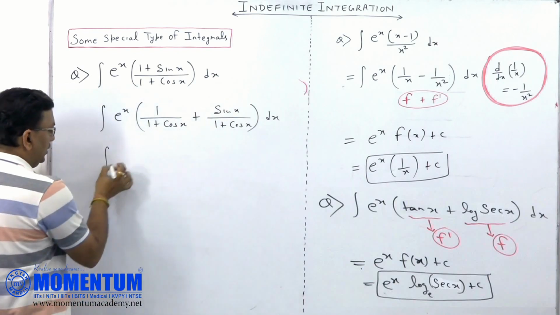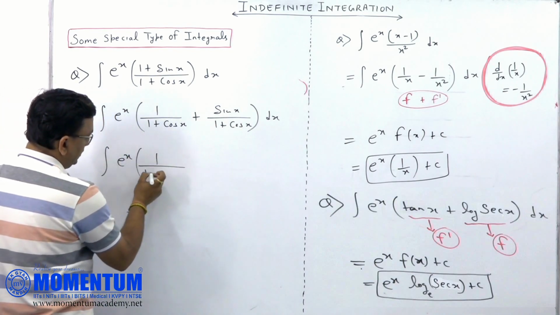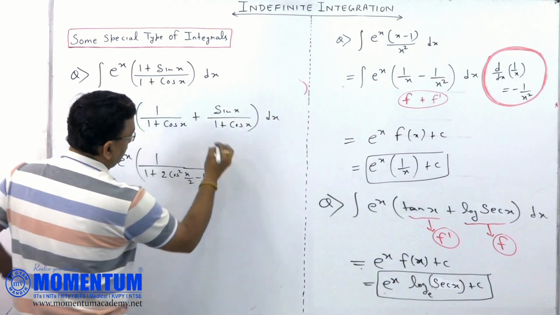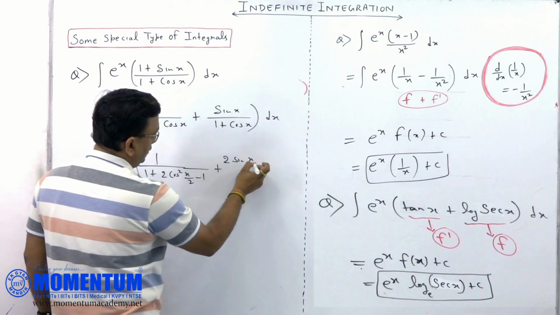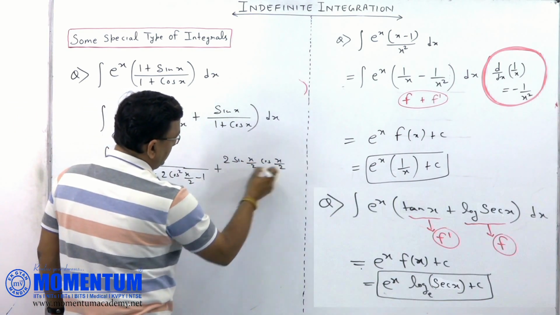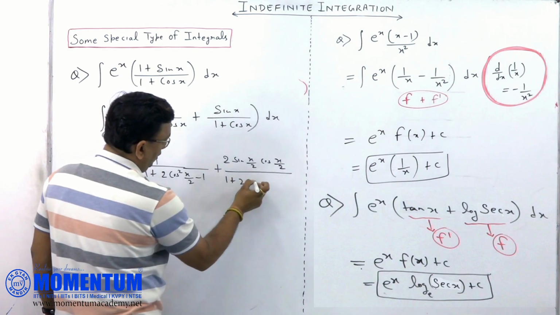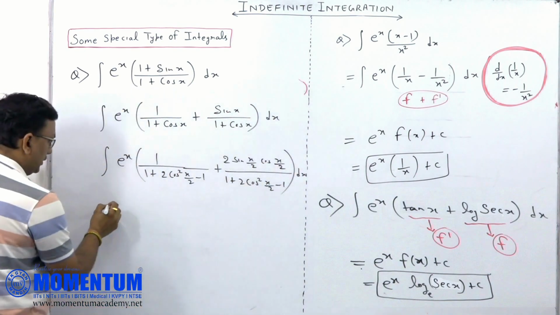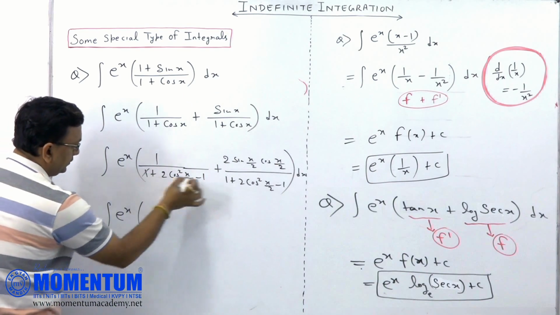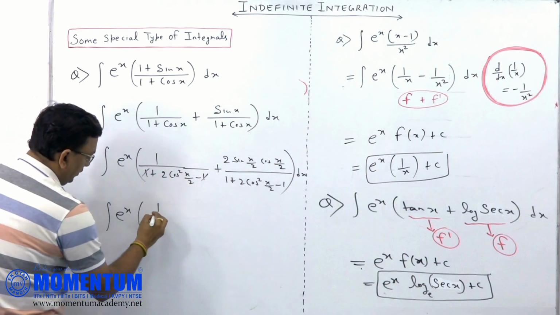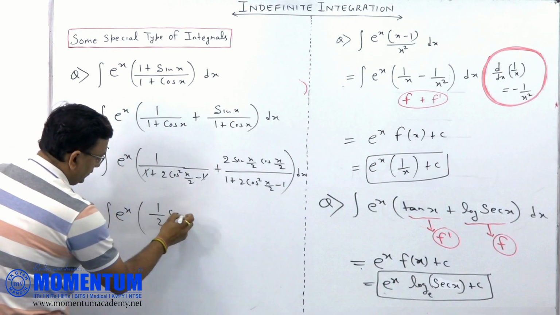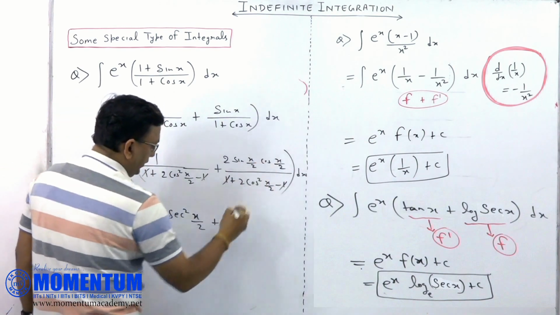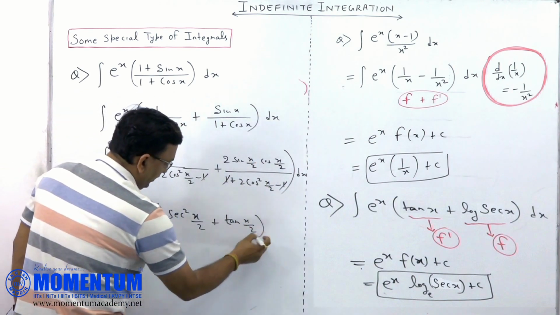So, if we do some manipulation here, using the formula from trigonometry, formula of cos 2 theta and formula of sin 2 theta. So now, e to the power x times 1 upon 2 cos square, which comes up as sec square x by 2, and here after cancelling all the terms, tan of x by 2.